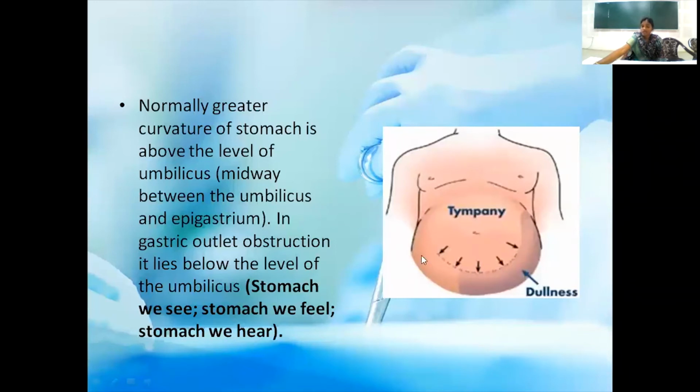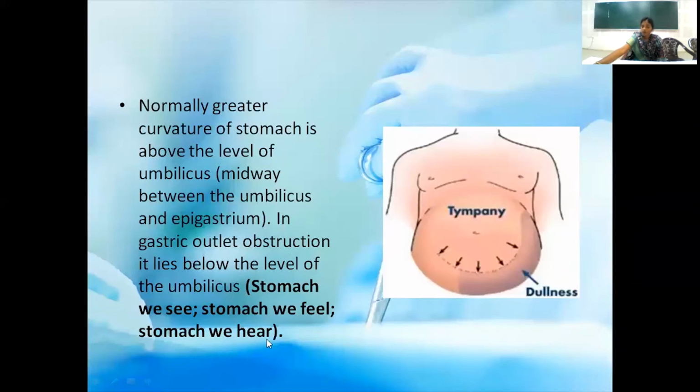In this test you can see the stomach by seeing the greater curvature of the stomach. You can feel the stomach by percussing it, and by auscultating you can hear the stomach. See, normally the greater curvature of the stomach is above the level of umbilicus, midway between umbilicus and epigastrium. In gastric outlet obstruction it lies below the level of umbilicus.